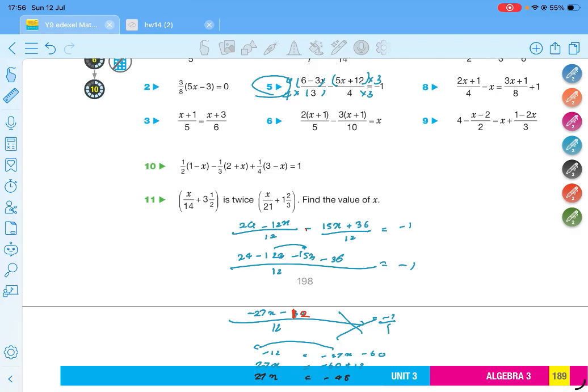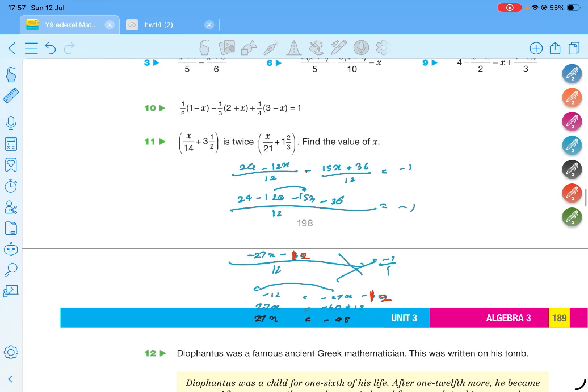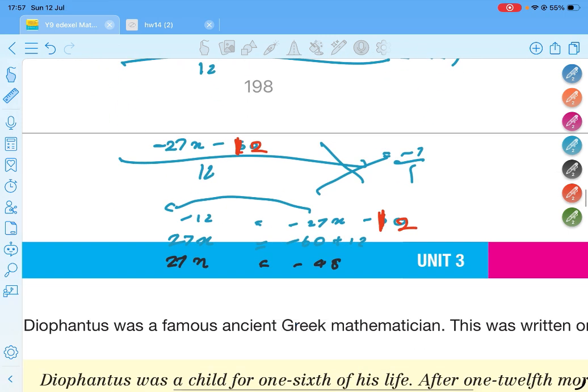Now it is called cross multiplication. This comes here, minus 12, right? Then 27, equal, there is 12, no?